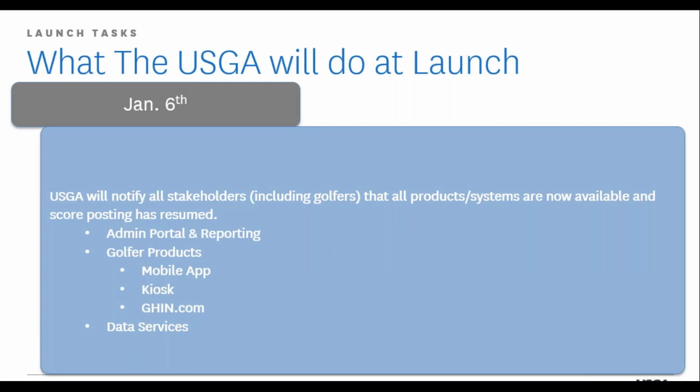So what we will be doing on the 6th at the USGA, we will be sending out a generic email to all golfers in centralized computation, alerting them that this data migration and the launch of WHS has taken place. One of the key factors with WHS is the new calculation of the handicap index.